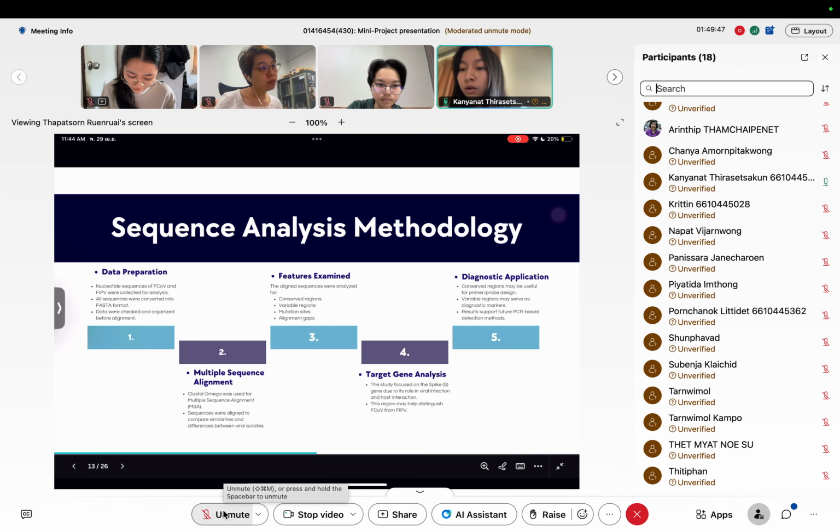We analyze conserved regions, multiple mutations, and the alignment graph, focusing on the spike genes, which are important for infection. The results can support future diagnostic development. Next.